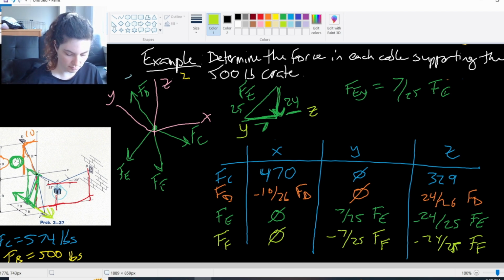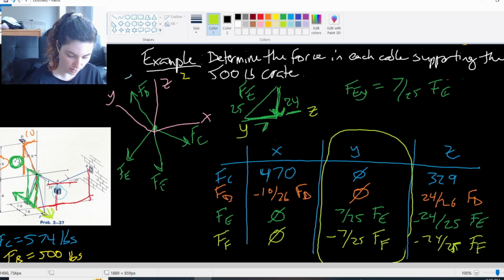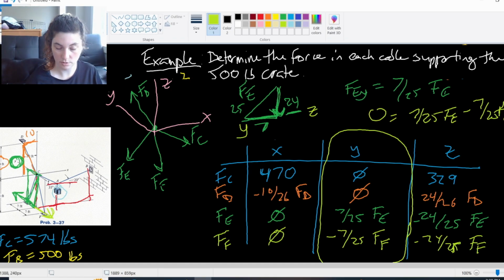Because if we just look at the y's, for example, we can see we have 7/25 FE minus 7/25 FF equals 0. Well, what does that mean, right? We move the 7/25 over, we get 7/25 FE equals 7/25 FF. Divide that out, FE equals FF, right?